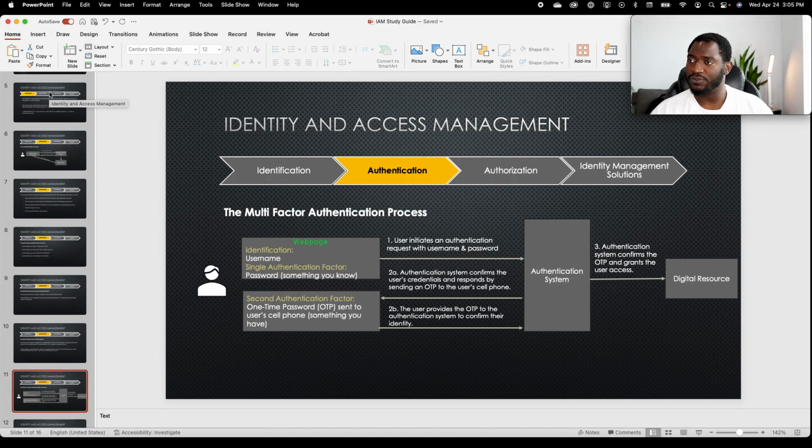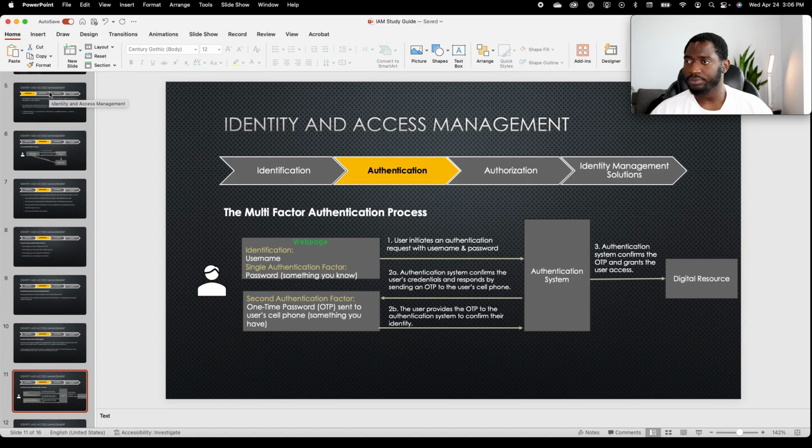If it approves your authentication request, in the case of multi-factor authentication, the user would have registered not only their username and their password, but a secondary form of authentication. This would include something you know, something you have, somewhere you are, or something you are.